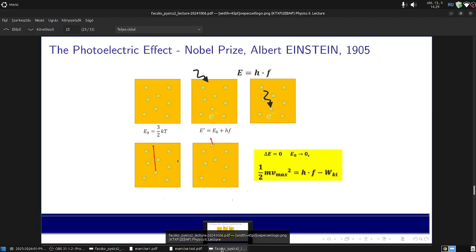The energy of the photon is the Planck constant times the frequency. Well, usually I write mu, but for you I write F. And that's Planck constant times C per lambda.